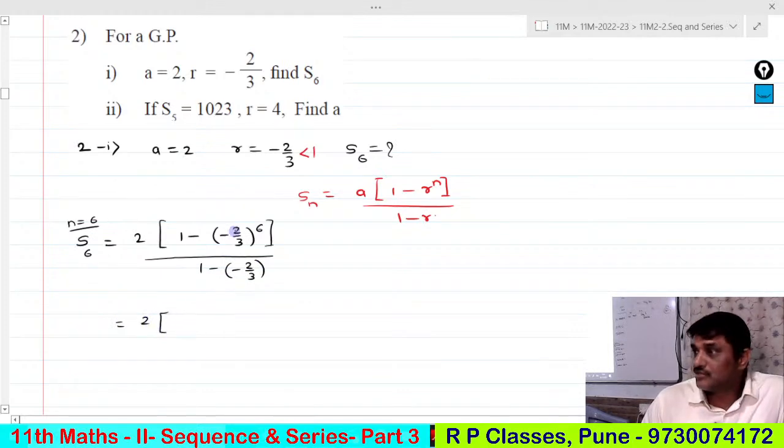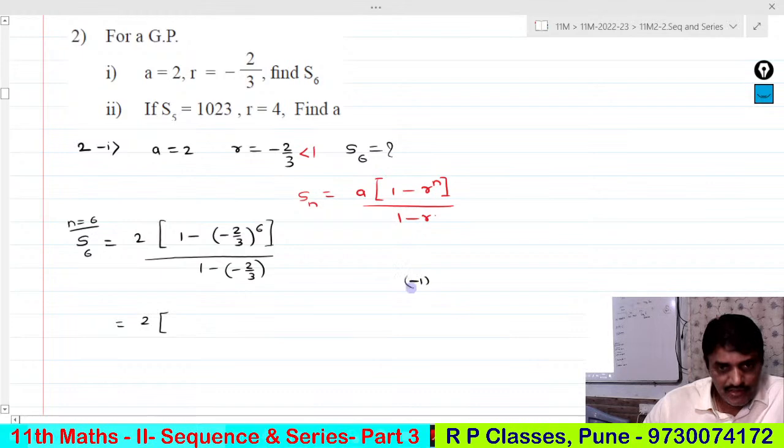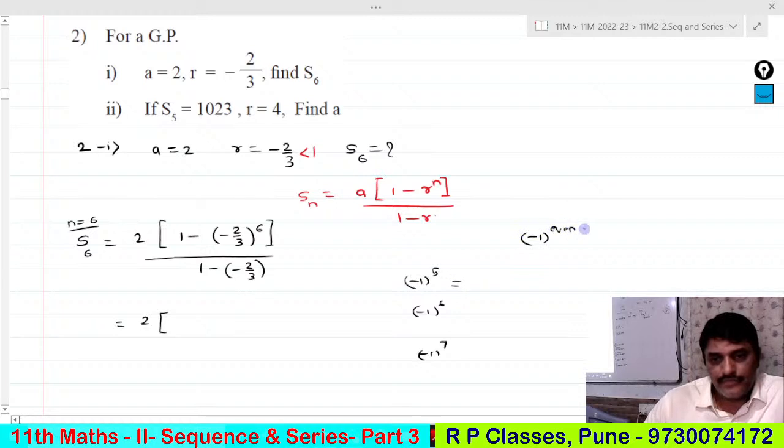Now minus 1 raised to an even number. Minus 1 raised to 5, minus 1 raised to 6, minus 1 raised to 7. What will come, tell me? Minus 1 raised to an even number is plus 1, and minus 1 raised to an odd number is minus 1. Understood?